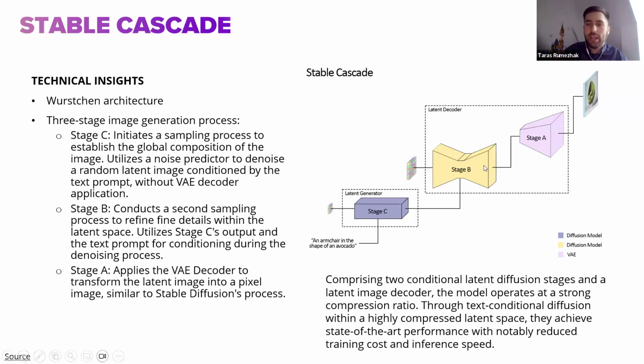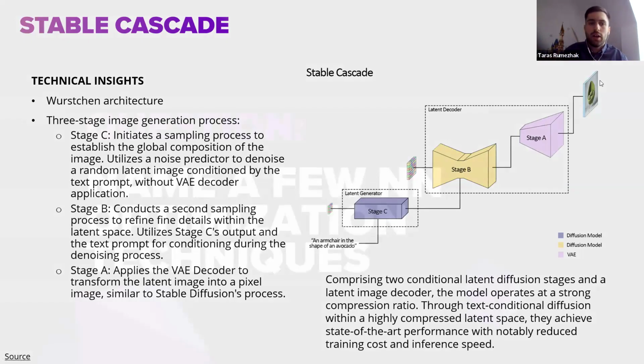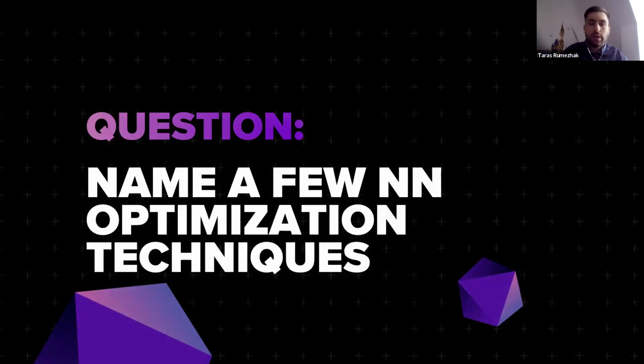And in stage A, like the final stage before the image generation, we have a variational autoencoder to transform the latent image into a pixel image, actually to decode it. I won't stop here, but a question as well for some interaction with you. If you know any optimization techniques for neural networks.